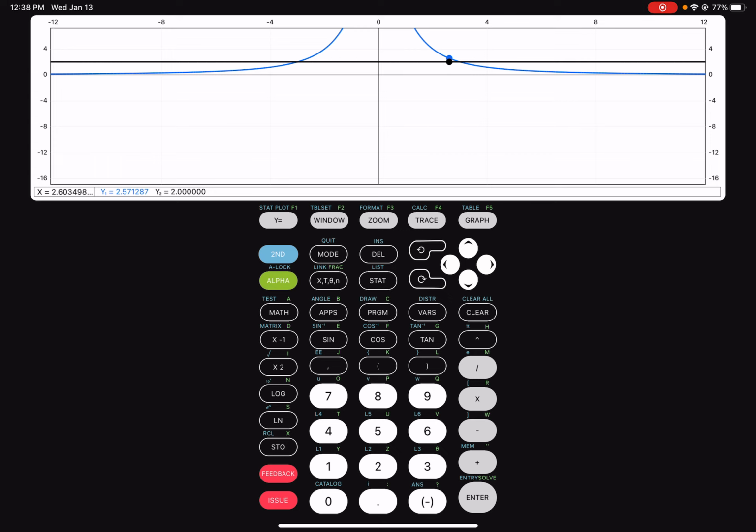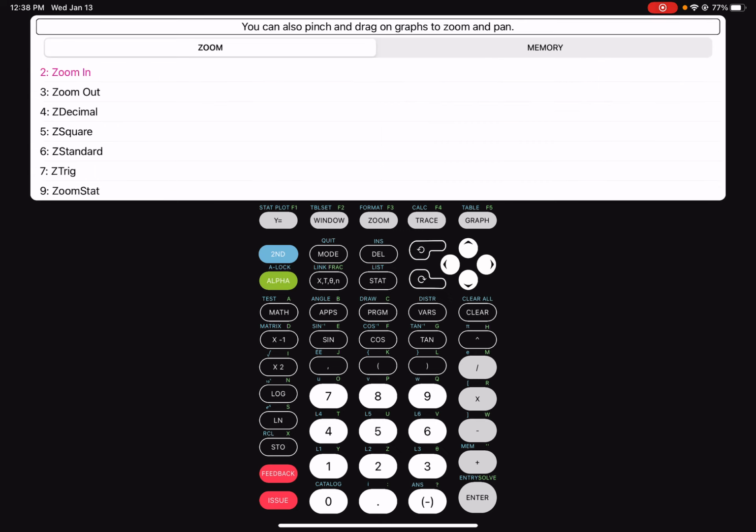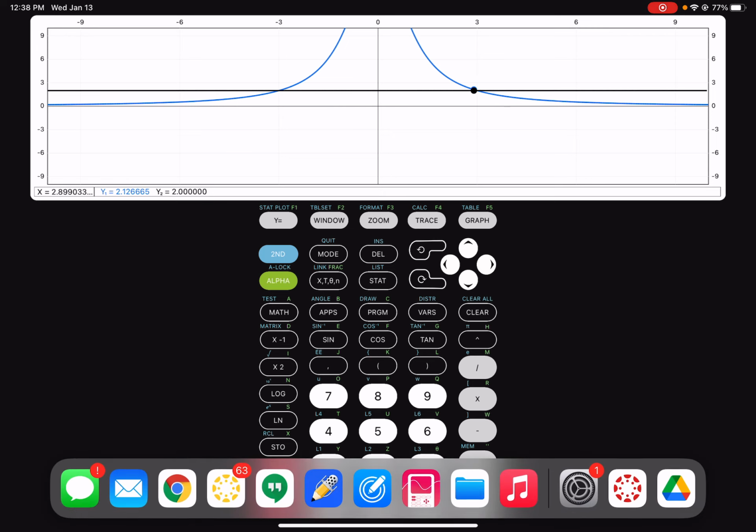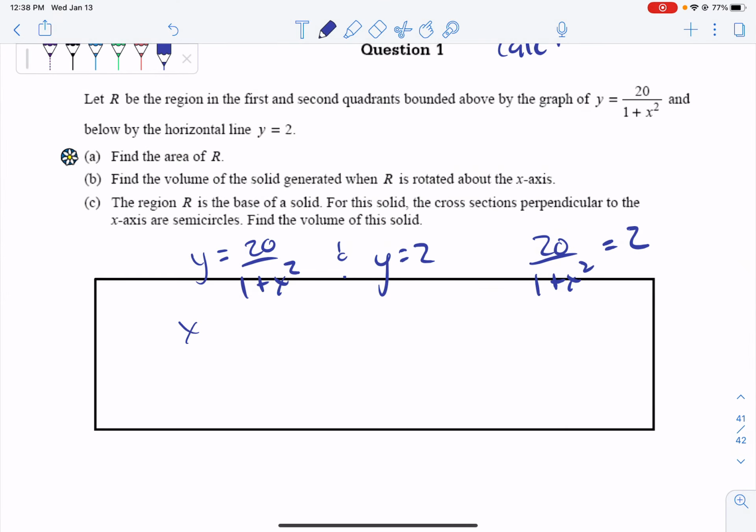When I graph that, let's do zoom standard, which is 6. I'm looking for my intersections, right? So I can use the intersection tool, and I find out that I'm intersecting at negative 2, and I'm also intersecting at positive 2, okay? So I know that x equals 2 and negative 2 are my intersections.